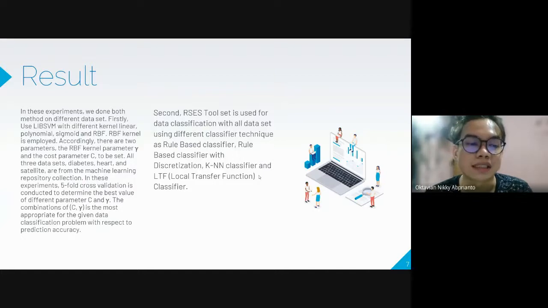All three datasets, diabetes, heart, and satellite, are from the machine learning repository collection. In these experiments, fivefold cross-validation is conducted to determine the best values of the parameters C and gamma. The combination of C and gamma that is most appropriate for the given data classification problem is chosen with respect to prediction accuracy.